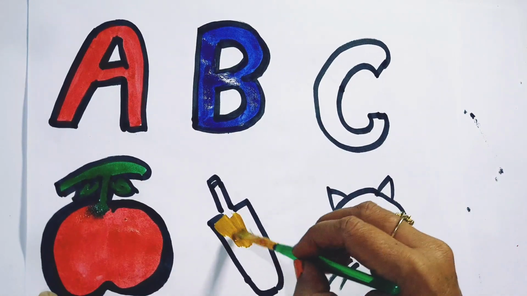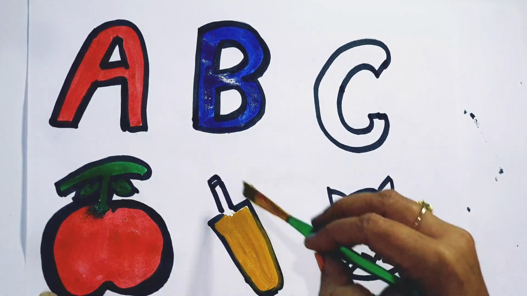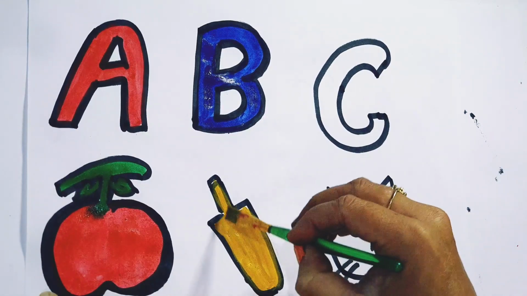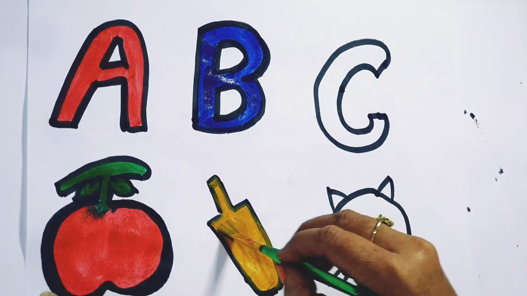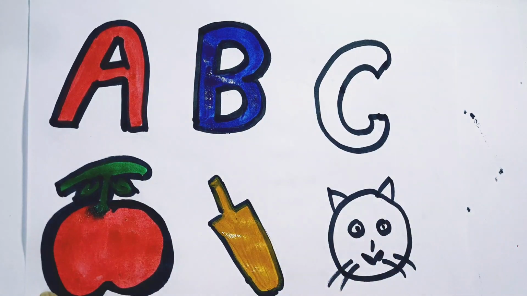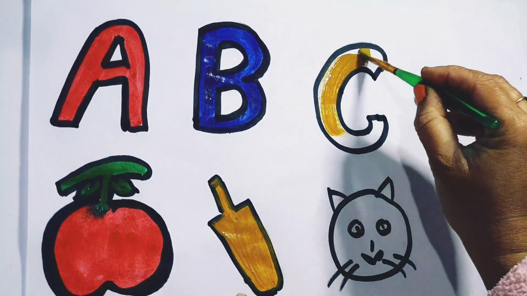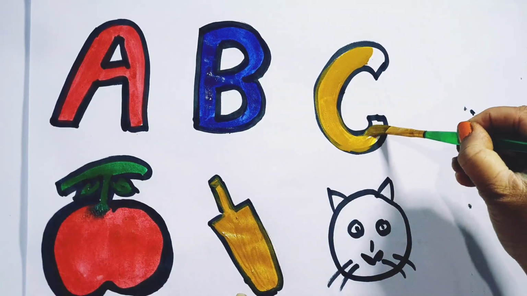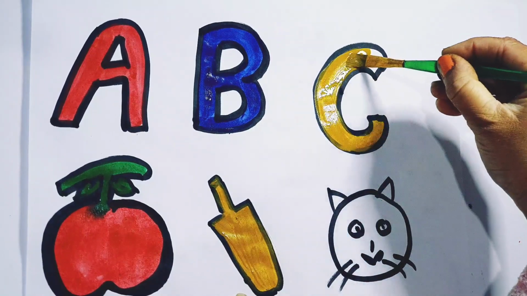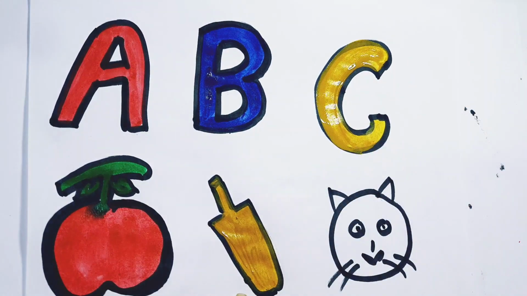Yellow color for bat. Yellow color. C for cat.